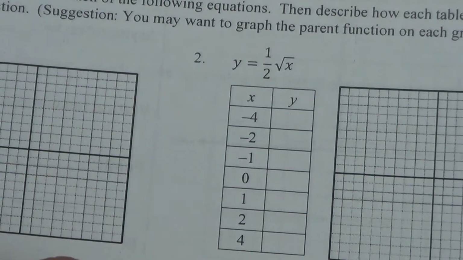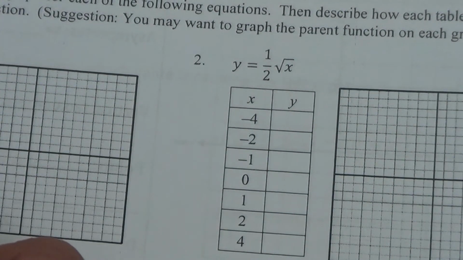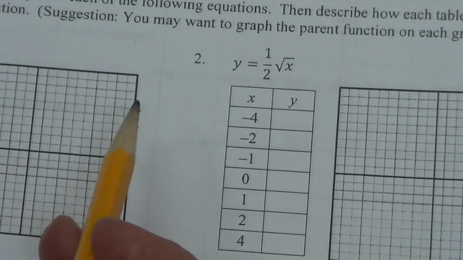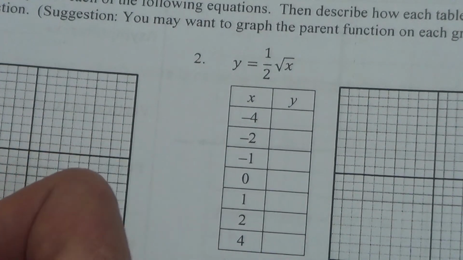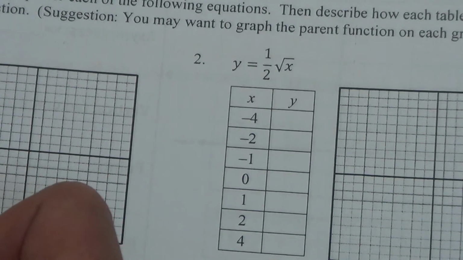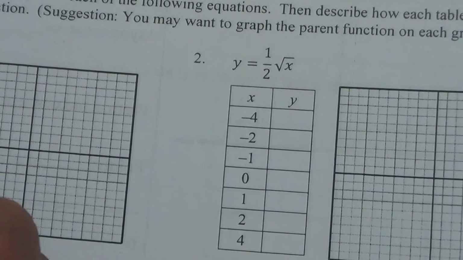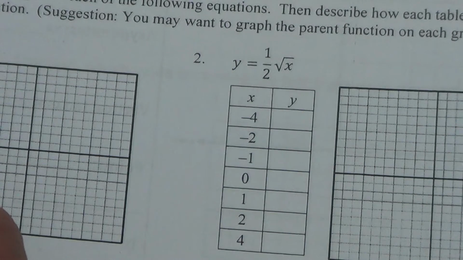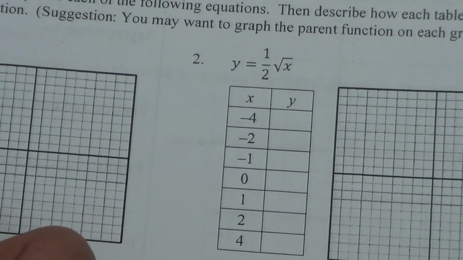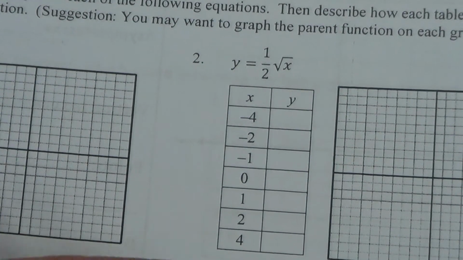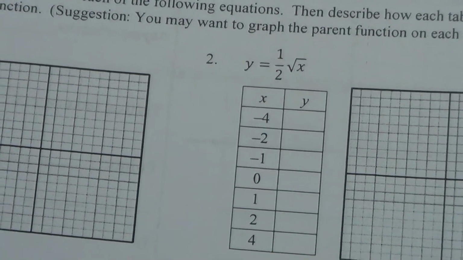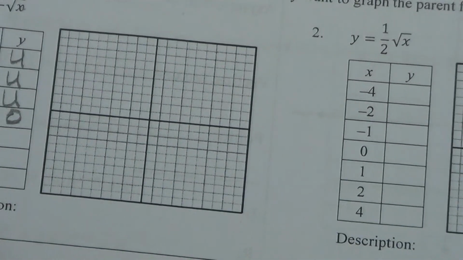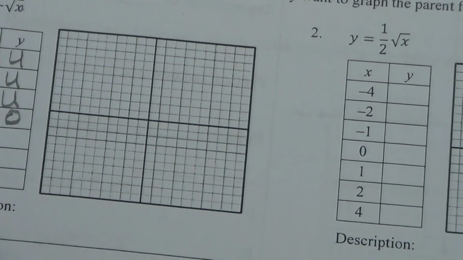You are going to plug in -4 into the square root. Again, can't have a negative inside the square root, so it's undefined, undefined, undefined. Now we have a negative square root of 0. 0 is 0, there's no sign to it. A negative square root of 1, you go here first and you say the square root of 1 is 1.